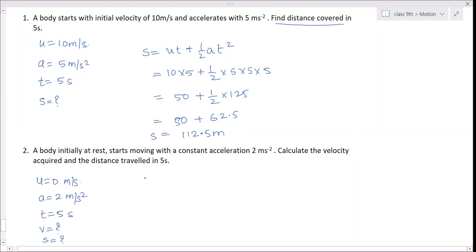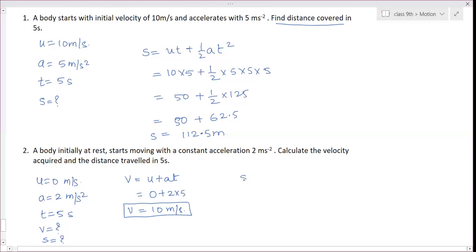Now here we have to calculate the V. For V, which formula we have to use? Ma'am, the first one. V equals U plus AT. U is 0 plus 2 into 5. That is 10 meter per second.